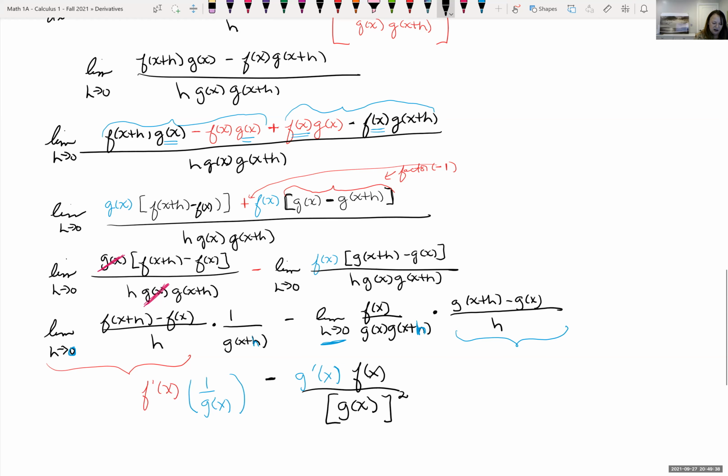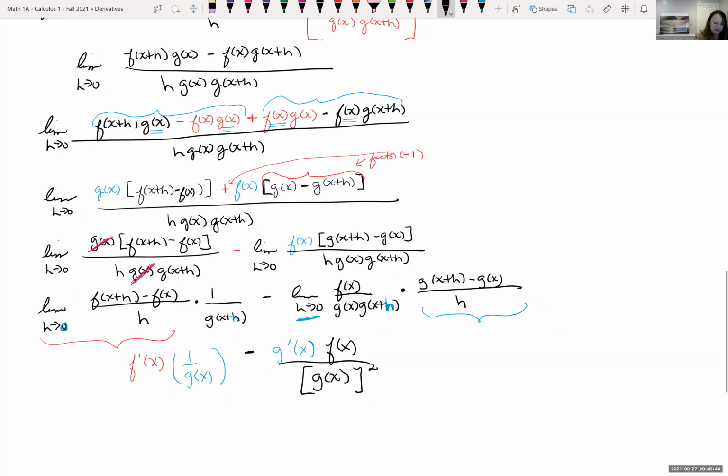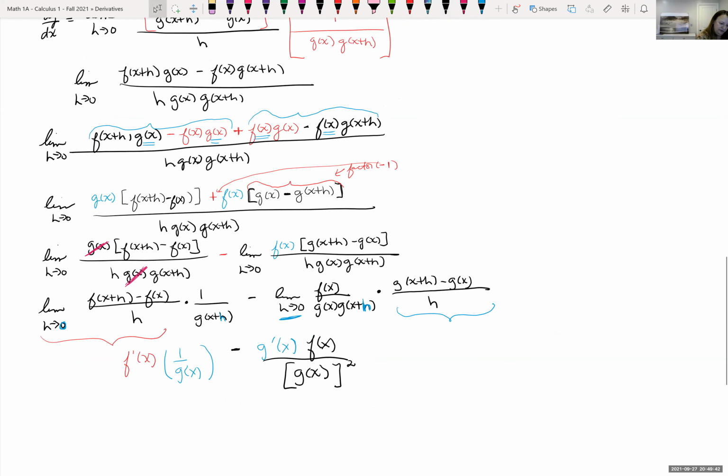I'm almost there. Notice I can get a common denominator. So the same thing as the derivative of f of x all over g of x minus g prime of x times f of x all over g of x quantity squared. So getting a common denominator, I need to multiply that first fraction by g of x over g of x.